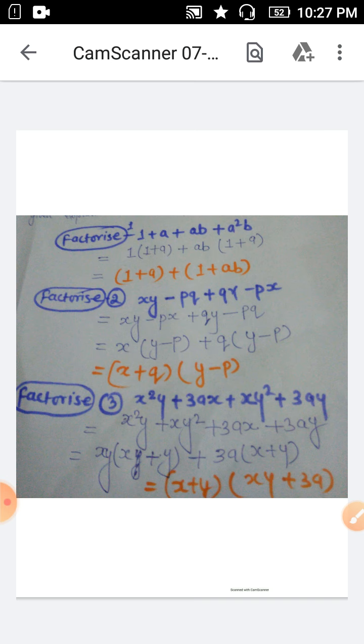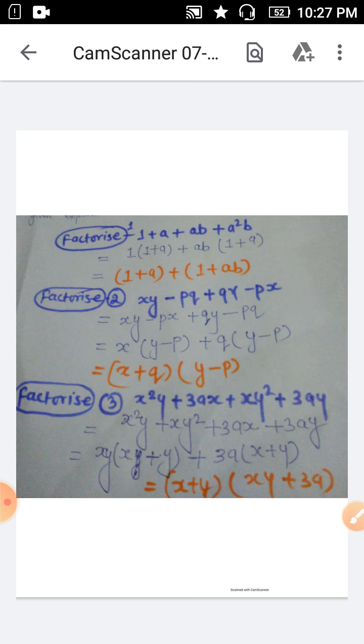Now we have to take the common factor. I'm taking x as common, x in bracket y minus p. We will be left with y minus p, plus, now we have the common factor q.